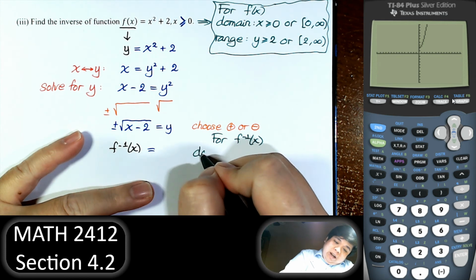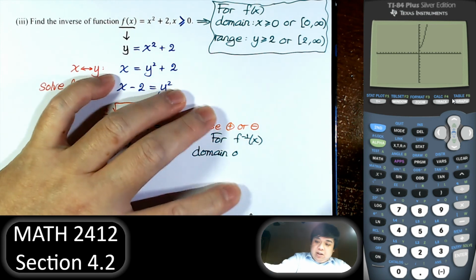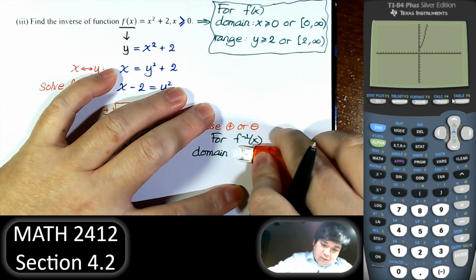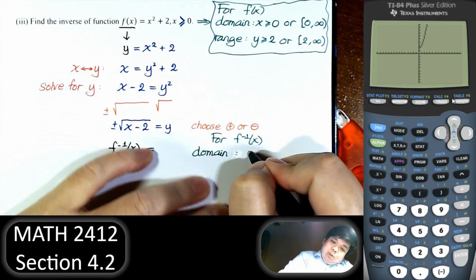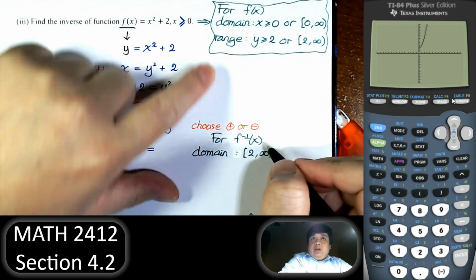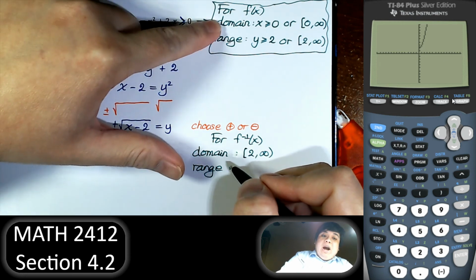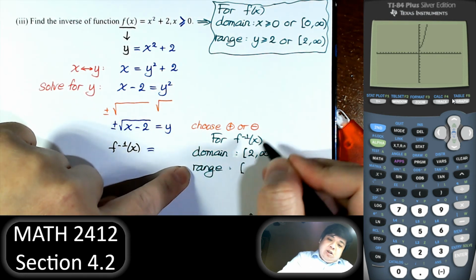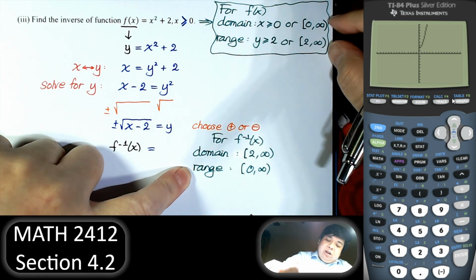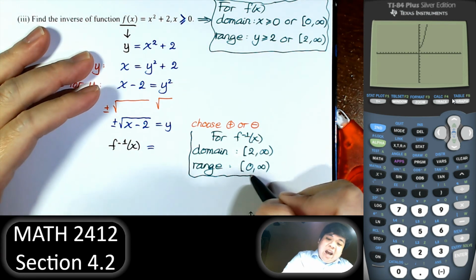So if I want to have the domain of the inverse, it will be the range of the function, which is from 2 to infinity. The range of the function is the domain of the inverse. And the domain of the function is the range of the inverse. So we just switch those two. Domain and range becomes range and domain. So we just flip them. So we know for sure that is what we have for the inverse.